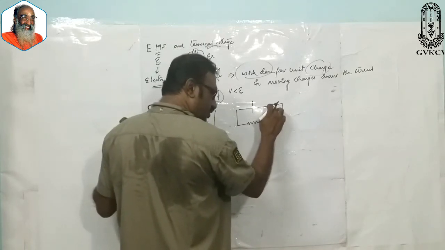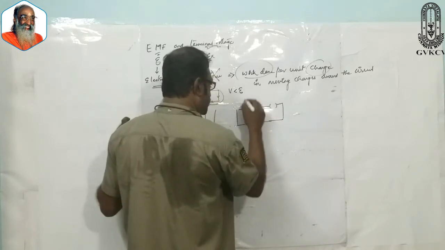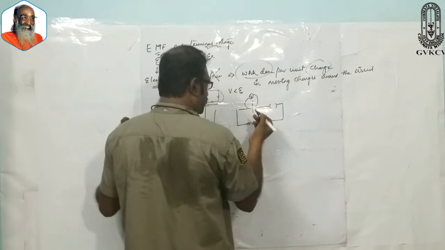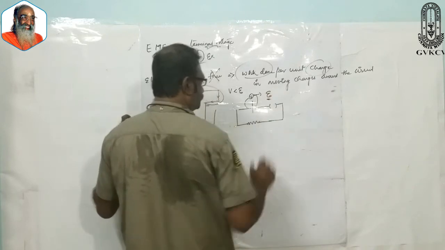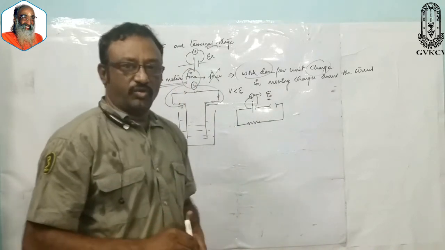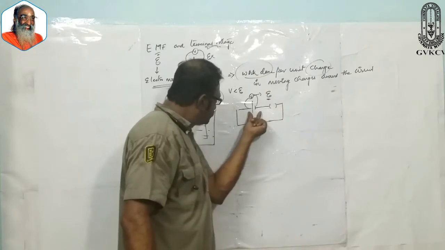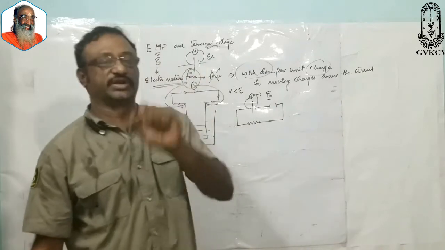So now if you connect a voltmeter here, it shows the reading, and we call this as the EMF of the cell. That means it is the potential difference between the electrodes when it is in the open circuit, when the current is not flowing in the circuit.